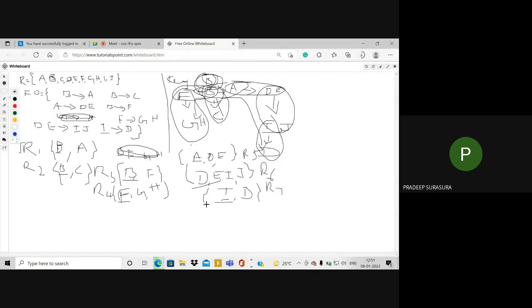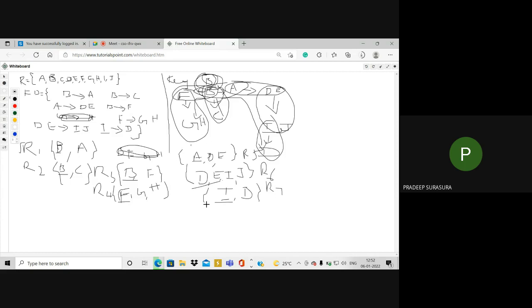Write down the first normal form definition: all values in a given relation must be atomic. In R, we observe that there are no multi-valued attributes, so R satisfies 1NF. Then write down the second normal form definition: R is in 2NF if it satisfies 1NF and no non-prime attribute is partially dependent on the primary key.